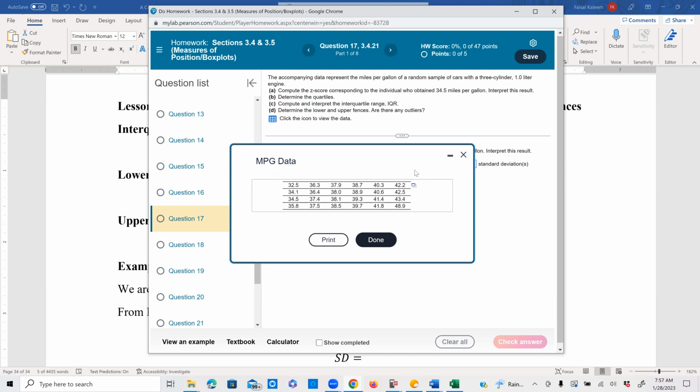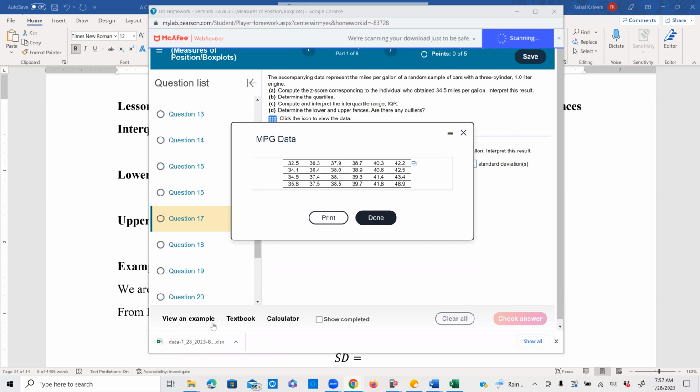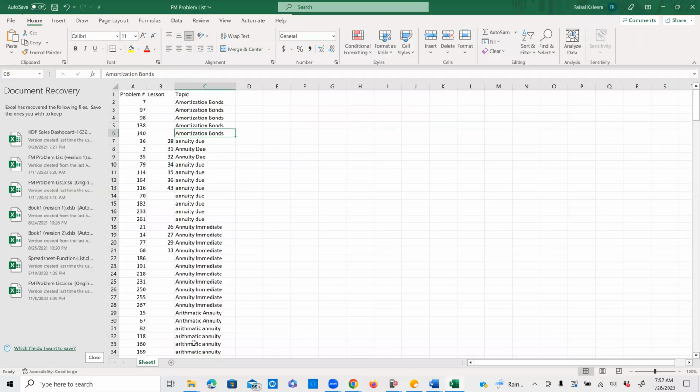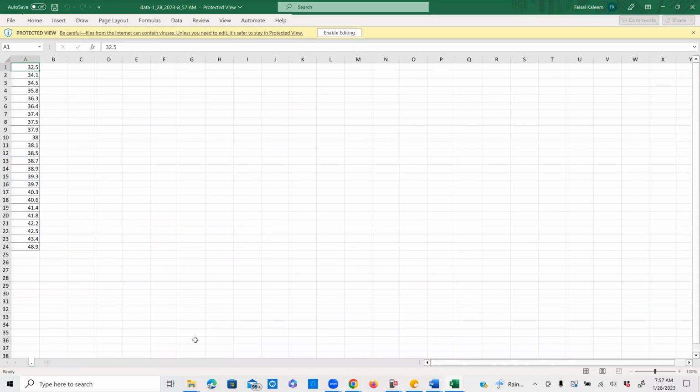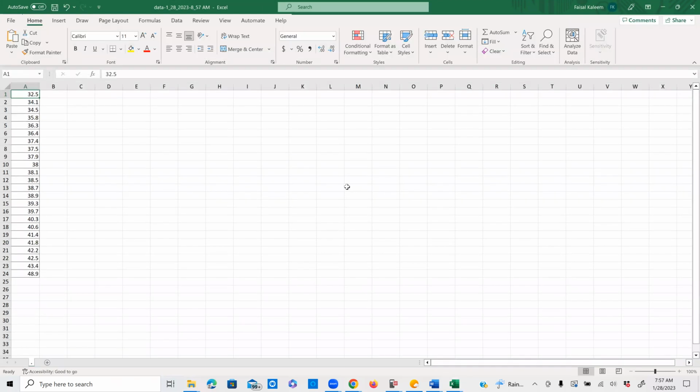The way we do it is we hit this little window and that will copy. It gives the option to copy in Excel. So we open in Excel. Okay, and then you will hit enable editing if this is available. And now we first need the mean.